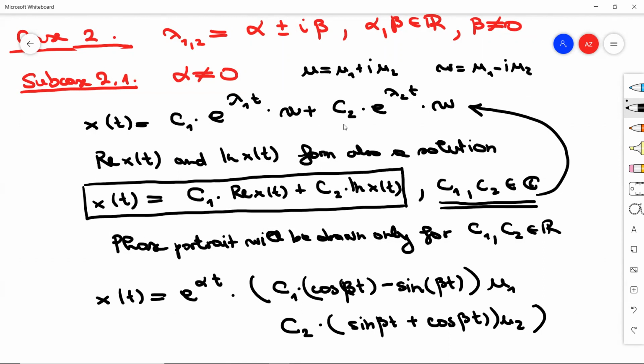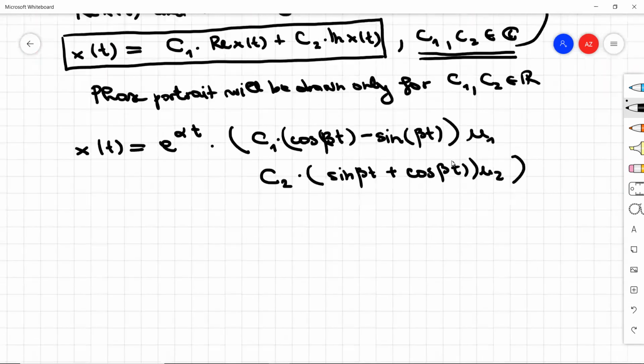Last time we saw that if lambda 1 is an eigenvalue with the eigenvector u, then lambda 2 is the complex conjugate of lambda 1, and w is also the complex conjugate of u. That's why I have here the real part of u and the imaginary part of u, and w is then just the conjugate of this.